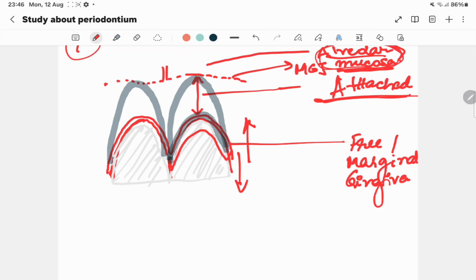Alright, so it is demarcated from the attached gingiva by a shallow depression, and that is known as the free gingival groove.